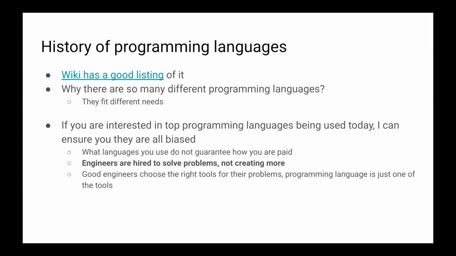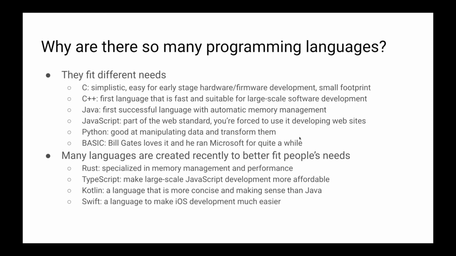Other languages have their strengths. I list some of them on the slides, like C++, Java, JavaScript, and Python. There are also many new languages created recently, such as Rust, TypeScript, Kotlin, Swift. Again, these are tools created to better fit people's needs.